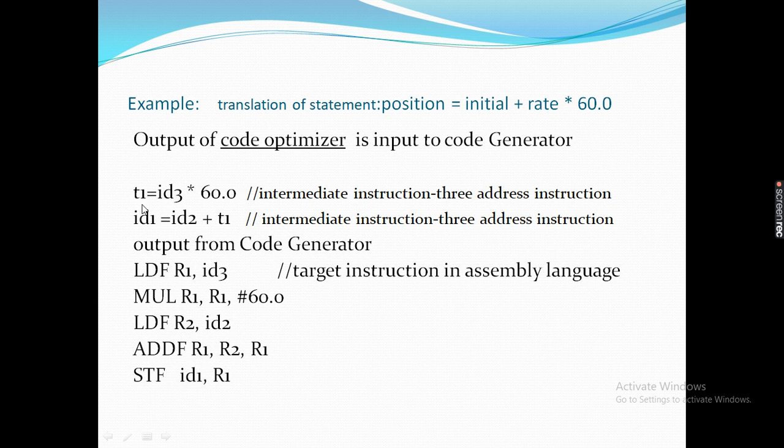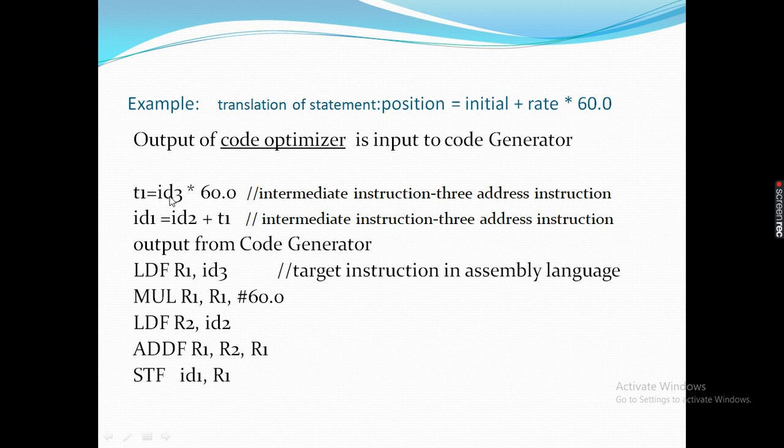Normally each instruction is a 3 address instruction. You can observe that in a 3 address instruction, every instruction has at most 3 addresses. A constant is an address.